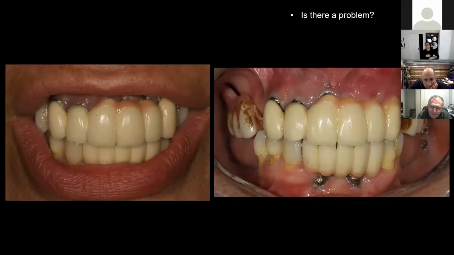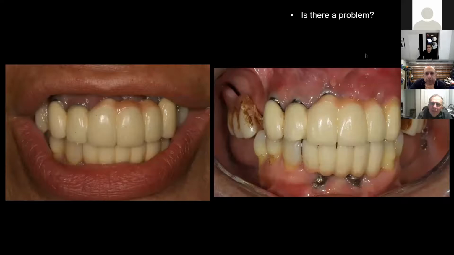Alex, I can hear some comments from that end, and it disturbs me, because how do you fix this problem? The last patient you saw had the problem in the posterior segment. This problem is in the anterior segment. Is there a problem?